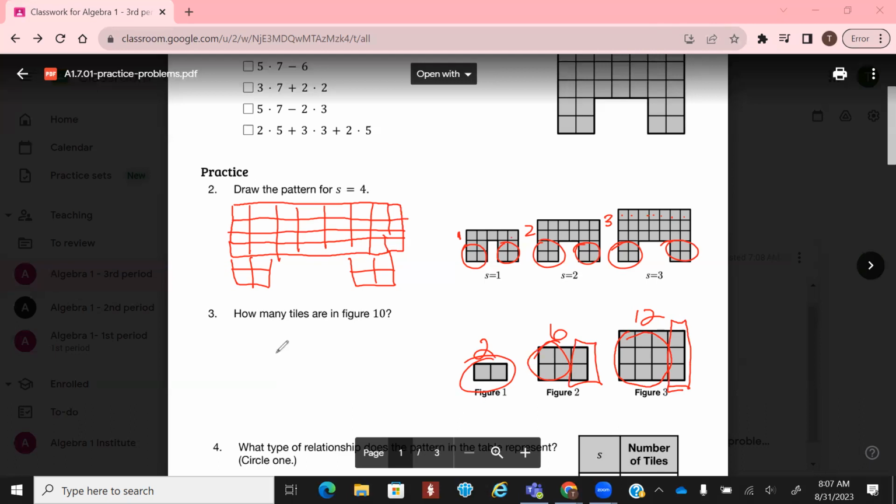So what if we said x squared plus x, because whatever the figure number is, that's what we're adding on each time, right? So if I was doing 10, then I would plug in 10 squared and add 10. So what's 10 squared plus 10? Ta-da. Did y'all get to number 4?